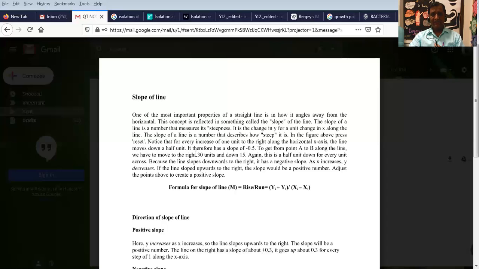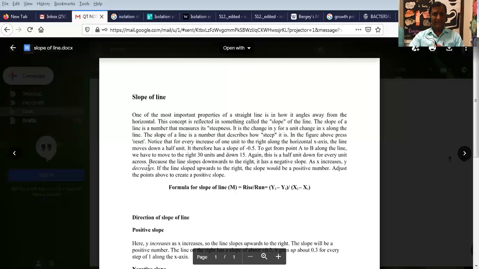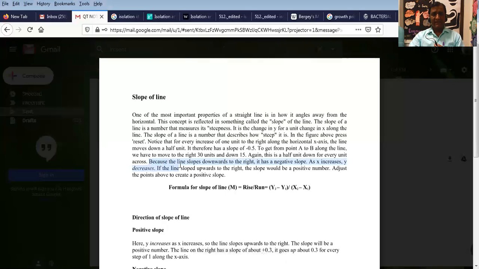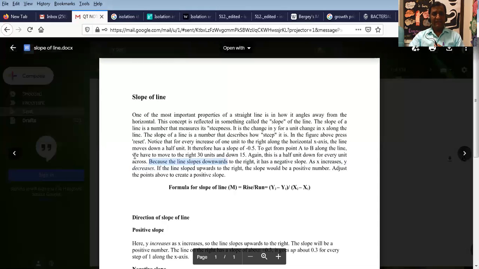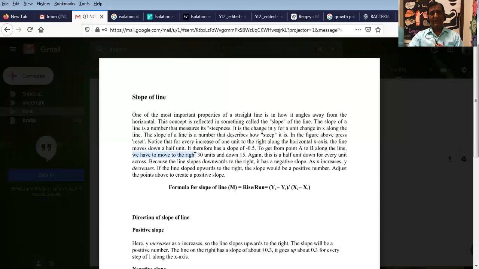To get from point A to B along any line, because the line slopes downwards to the right, we have moved right 30 units and down 15 units.